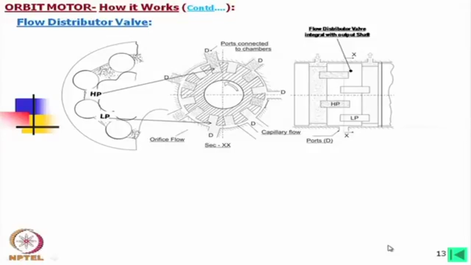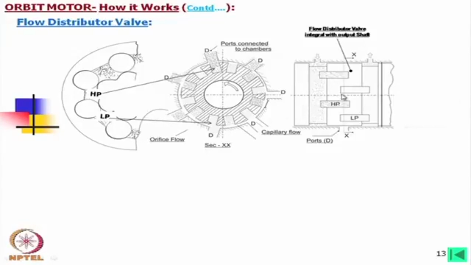Now, let us consider the flow distributor valve, how it is working. What we find is that we have taken 6 lobes for the star member, 7 lobes for the ring member, and this is the distributor valve, this is the valve come output shaft which you have seen in the machines.